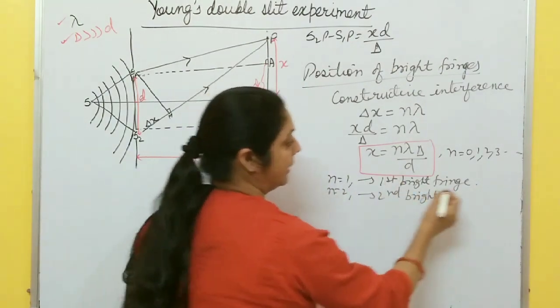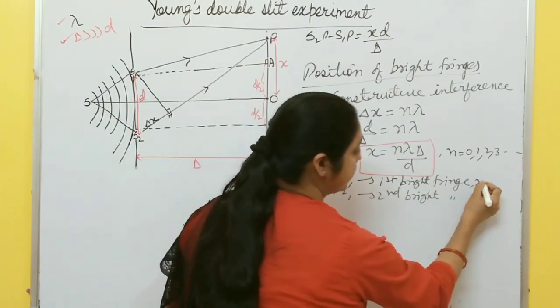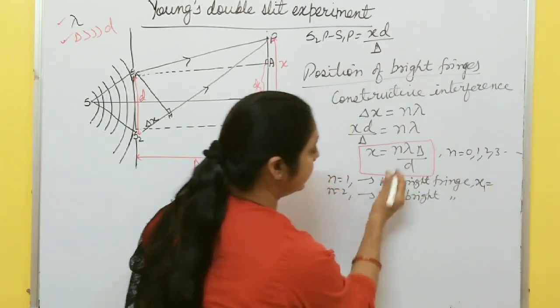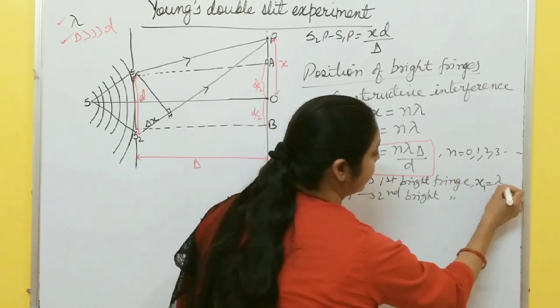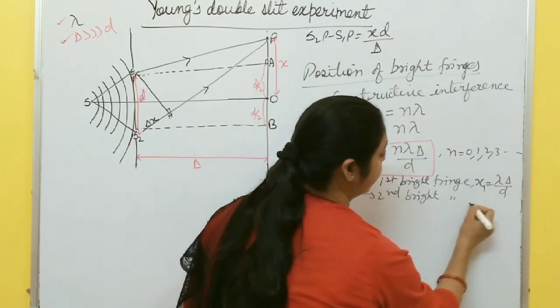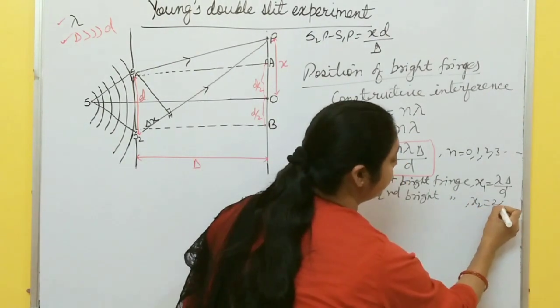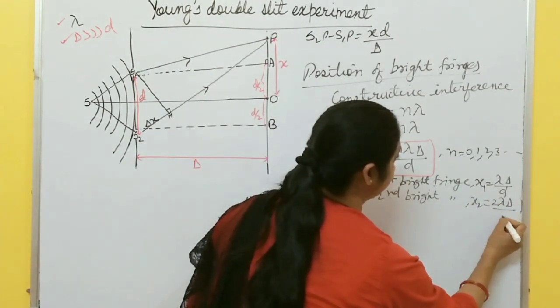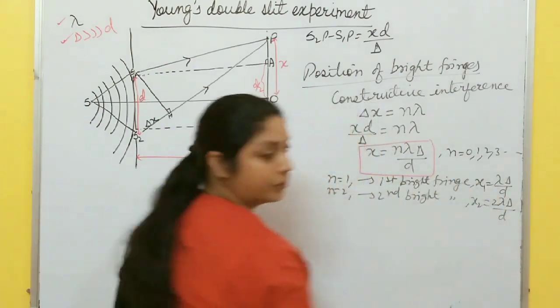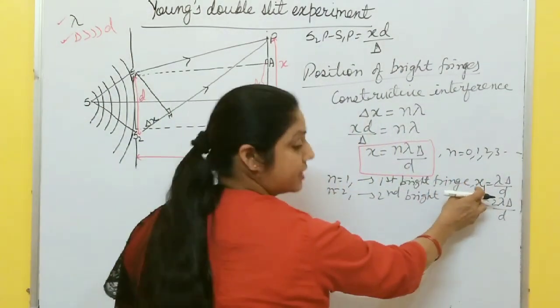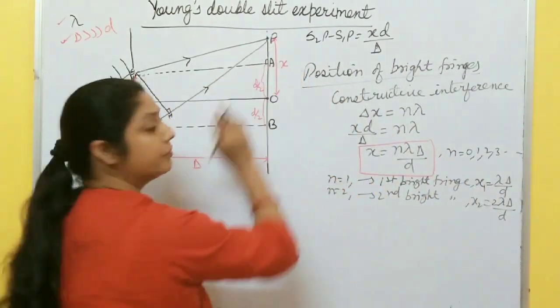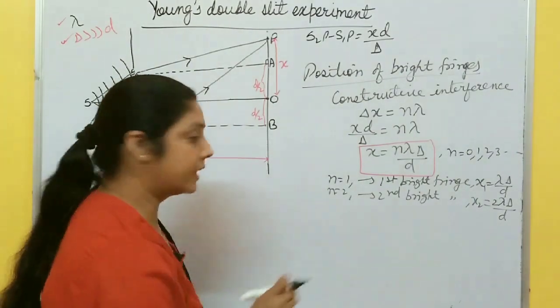First bright fringe is formed at what distance? X1 is what? N is 1, so lambda capital D by small d. X2 is what? When n is 2, 2 lambda capital D by small d. This is the distance from the center of the screen to the point where the first fringe, second fringe is formed.